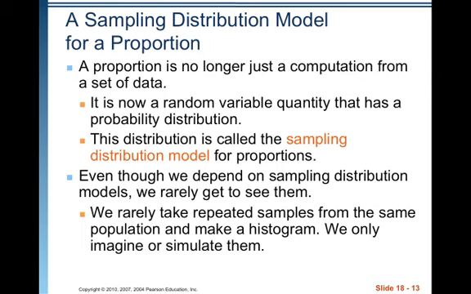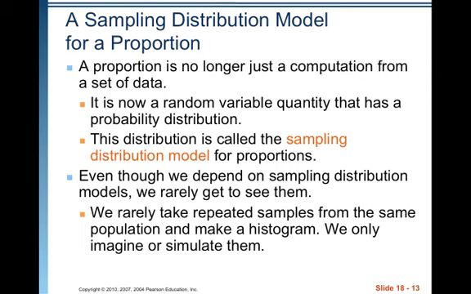So when we did the penny activity and we looked at the proportion of those 20 pennies that were 2002 or later, we were getting a computation from that set of data, but it was a random variable quantity because the next time we put those pennies back in, mix them up, drew another 20 out, we had no way of knowing exactly what that proportion was going to be ahead of time. It's numerical, it's a result of random activity, so it fits that definition of random variable quantity.